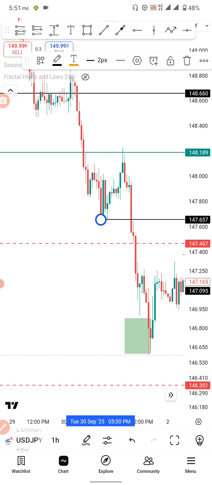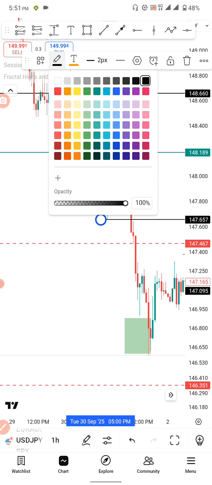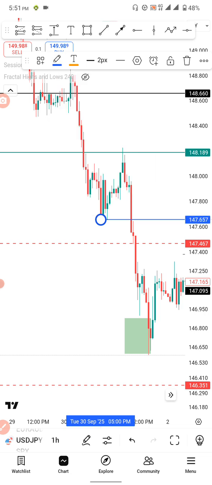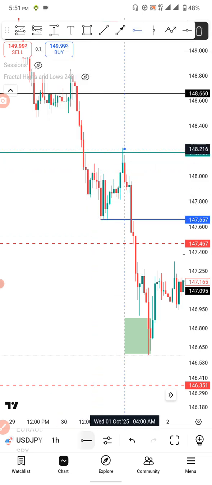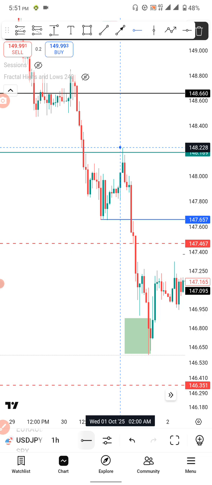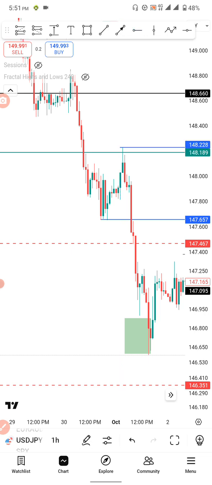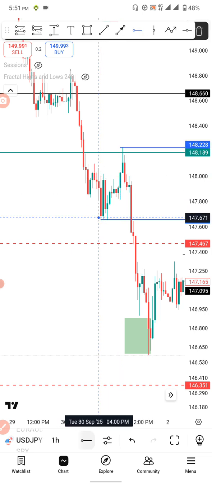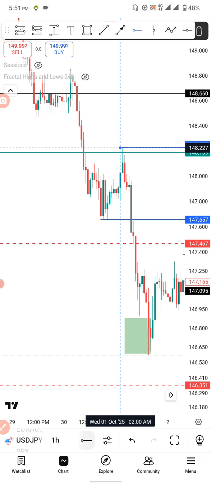I will make this level blue for easy identification, even this one blue. So the liquidity, that is the low and the high of H4 to sell down.